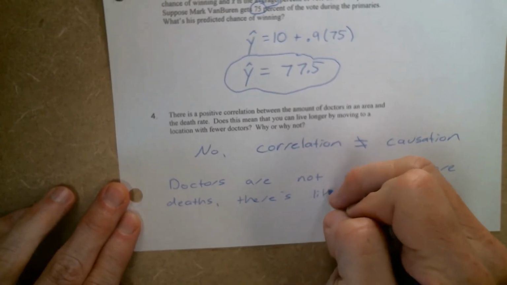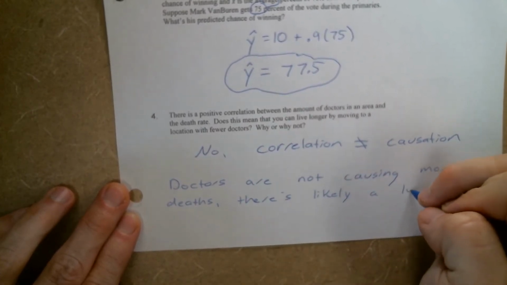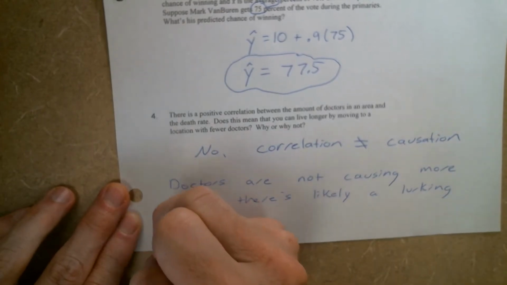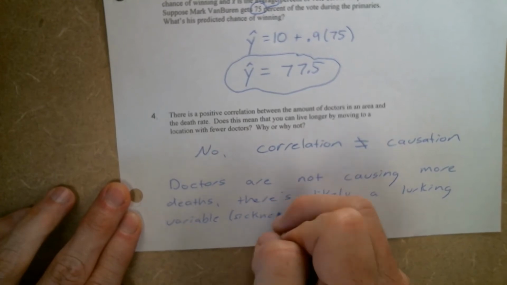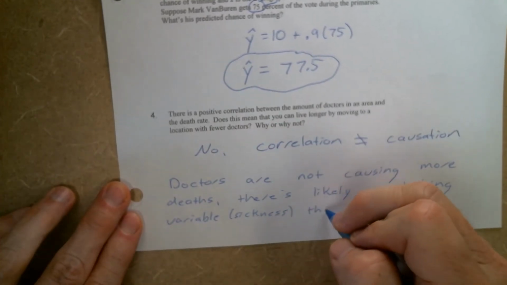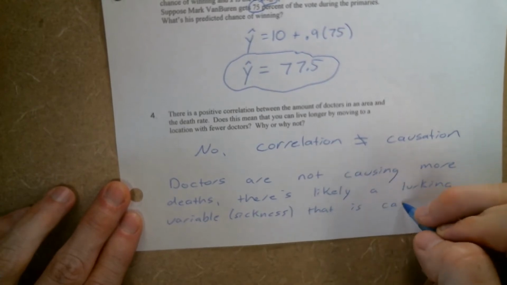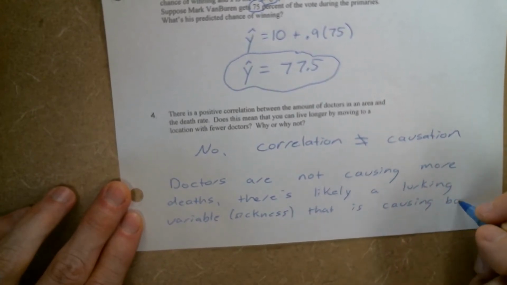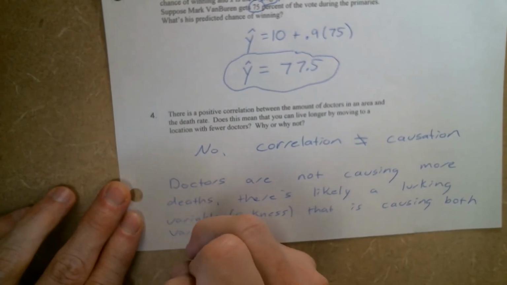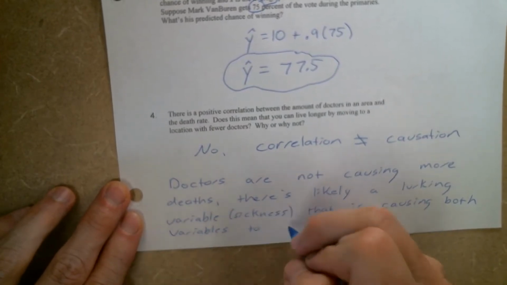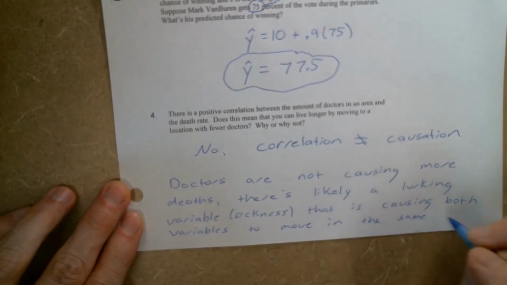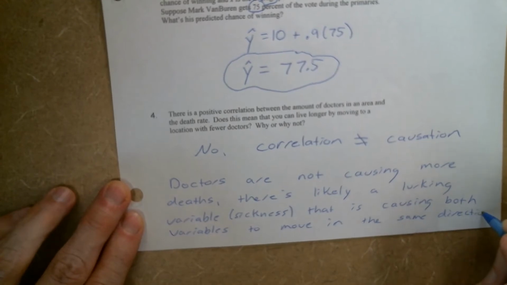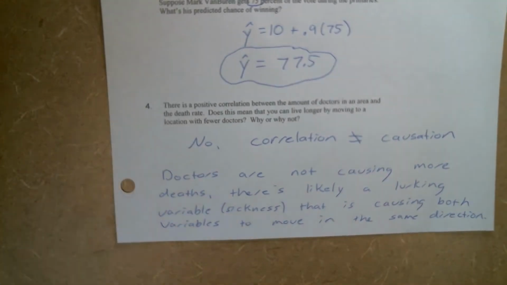There's likely a lurking variable, in this case sickness, that is causing both variables to move in the same direction. So it's not that the doctors are causing sickness, it's that more sickness causes more doctors to show up, and more sickness causes more deaths.